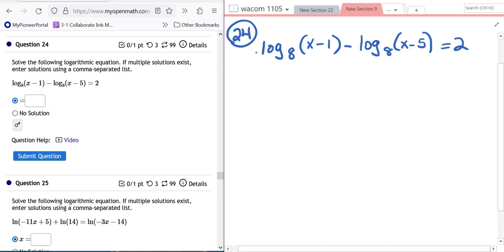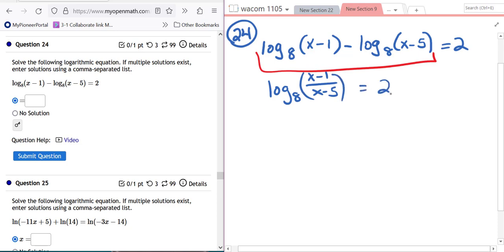So these will go together. It is subtraction, so it will be the log of a quotient. And then you switch forms. So 8 squared equals this fraction, which is 64.